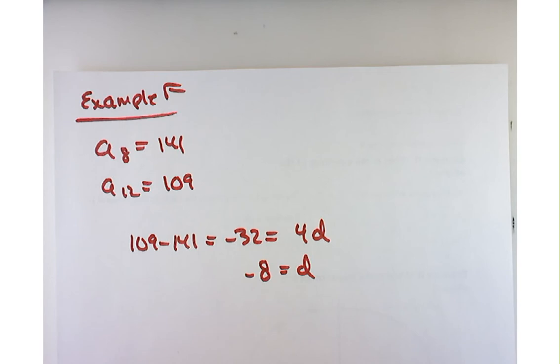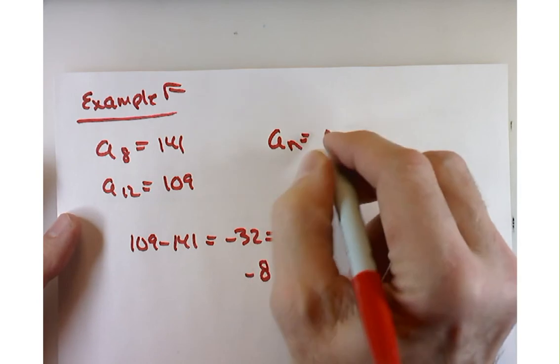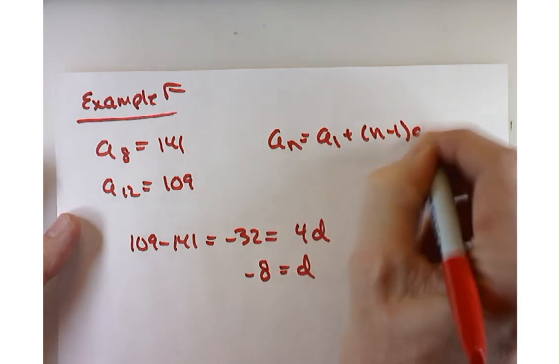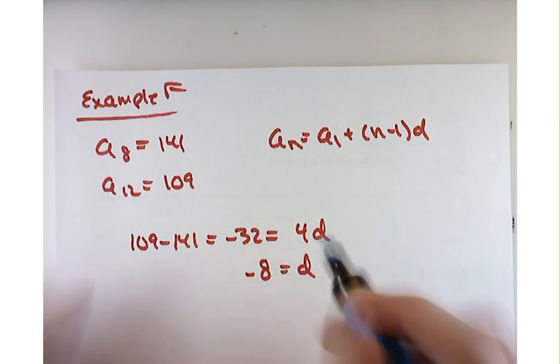The only thing left we need is a sub 1. Remember our formula: a sub n equals a sub 1 plus n minus 1 times D. I strongly suggest that you have this formula memorized.